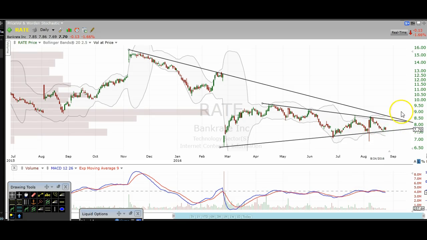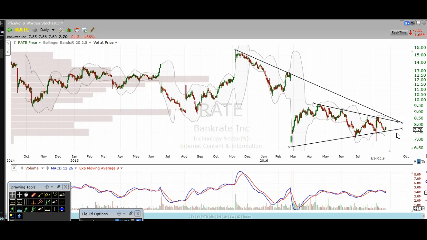Bulls, you want it to break over both of these downtrend lines. Bears, you want it to break under this uptrend line, and both of those should see a nice move in either direction. As you can see, we've got a lot of resistance ahead of us, so more than likely the move would be to the downside. I'm seeing another level here.